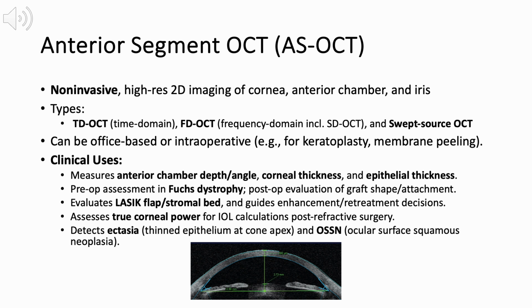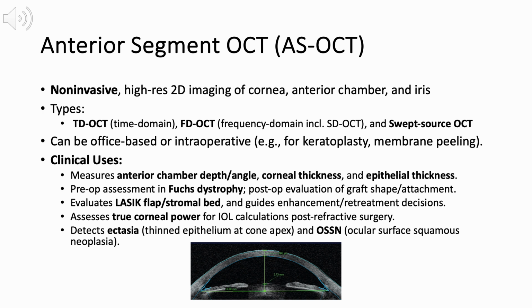Clinically, ASOCT is indispensable for assessing anterior chamber depth and angle, corneal and epithelial thickness, and graft integrity after surgery. It plays a central role in preoperative planning for Fuchs endothelial dystrophy and postoperative evaluation of graft shape and attachment.